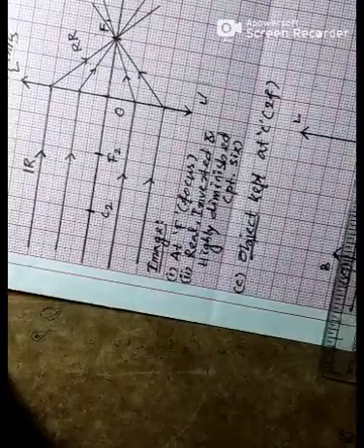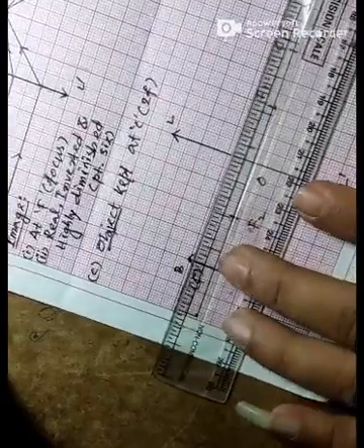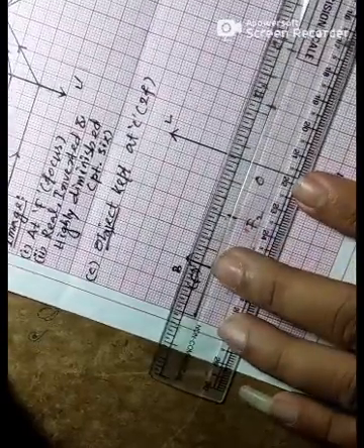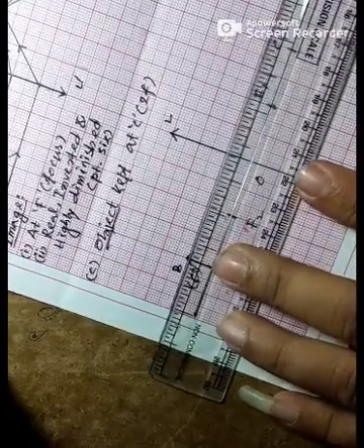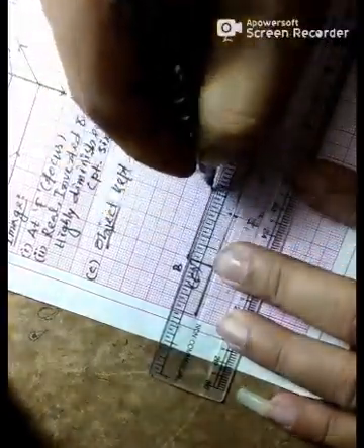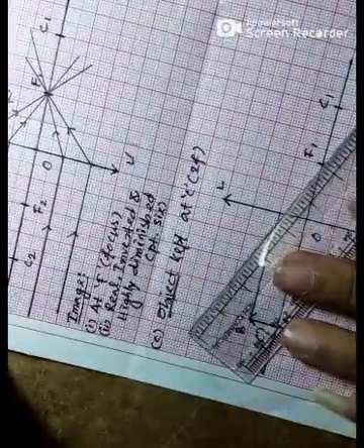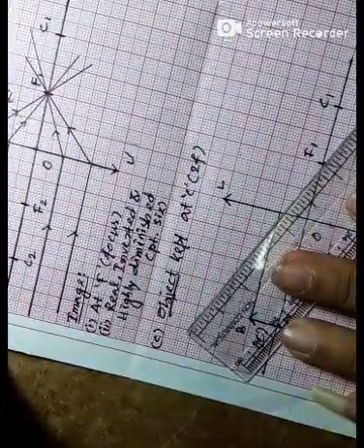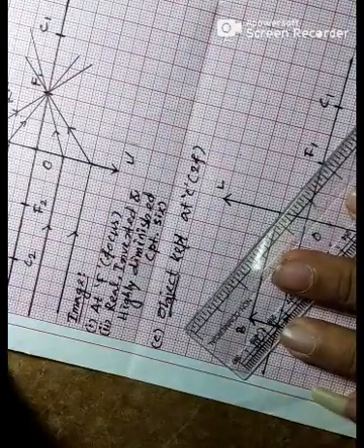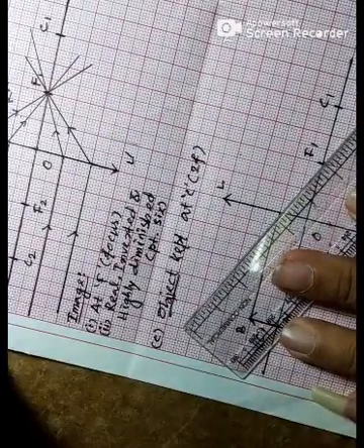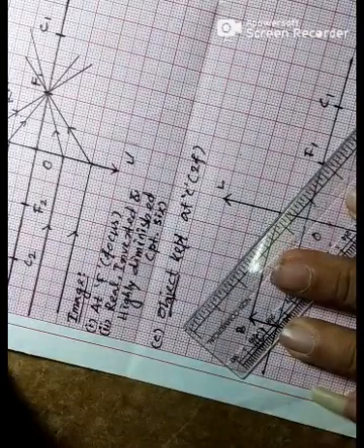Then same as per our rule. First you have to draw a parallel beam of light from the tip. So this is the parallel beam of light and it will pass through the focus. Yes.